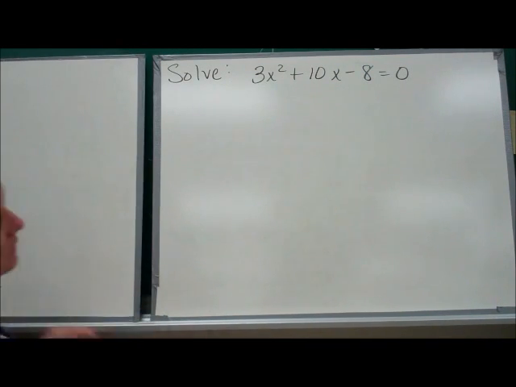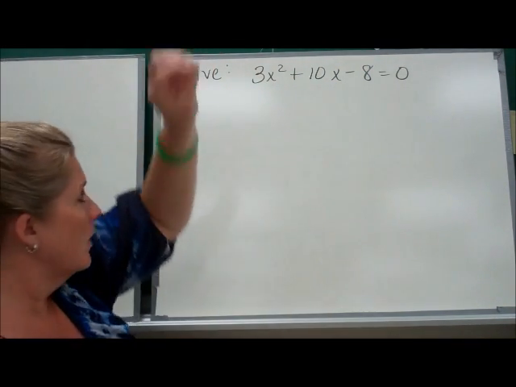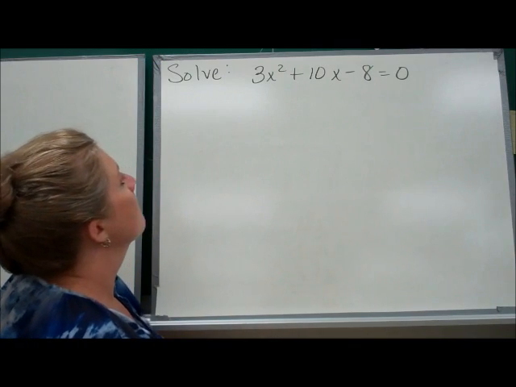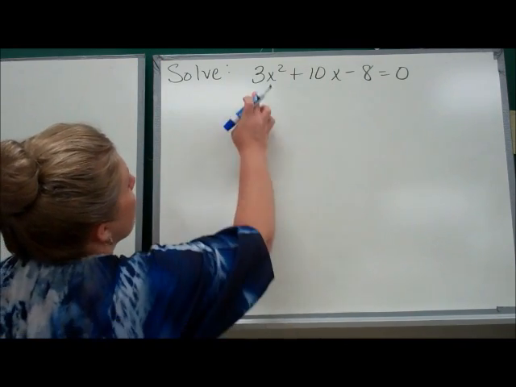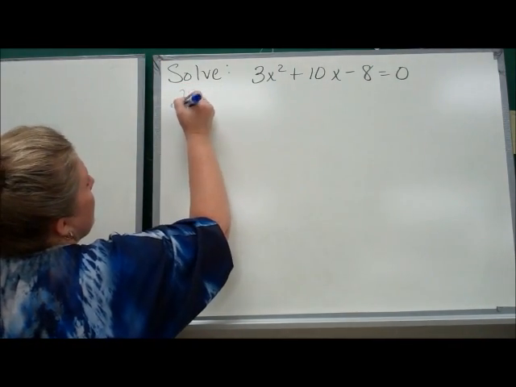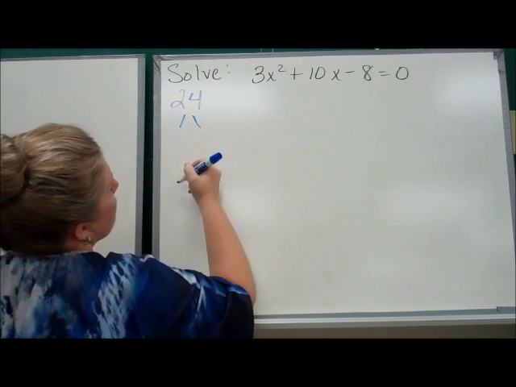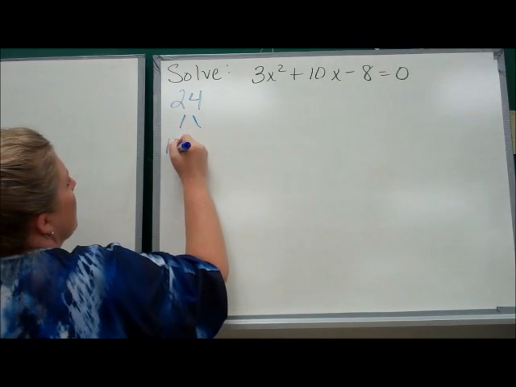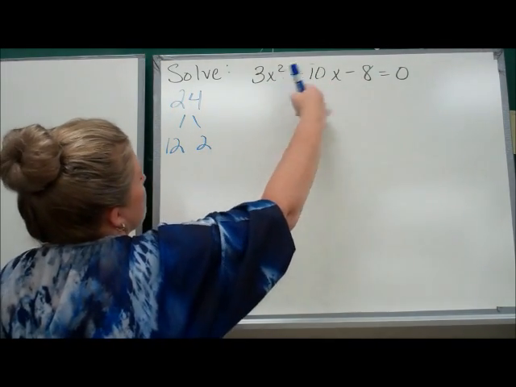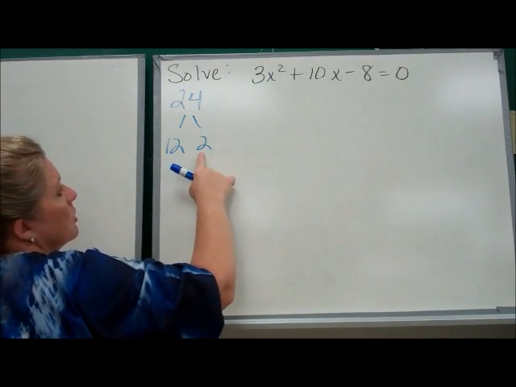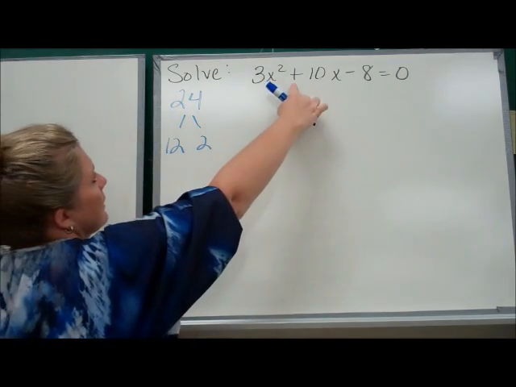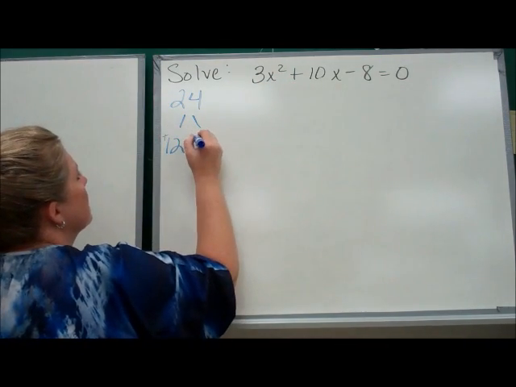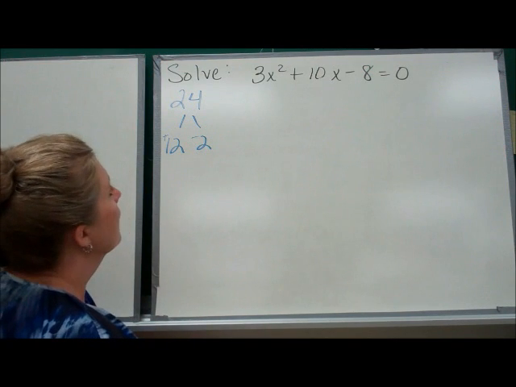Now, why are we doing this? We're doing all this so that we can solve them. So let's solve some. Multiply 3 times 8. 3 times 8 is 24. Factors of 24 that'll subtract to 10. Oh yeah, 12 and 2. Okay, subtraction, since 12 is bigger than 2, 12 gets the plus, and then the 2 is going to be negative.